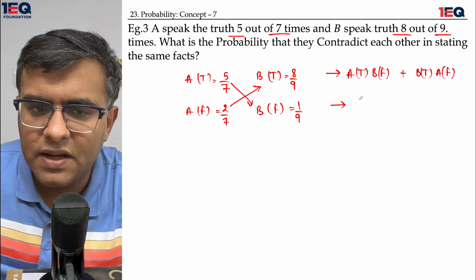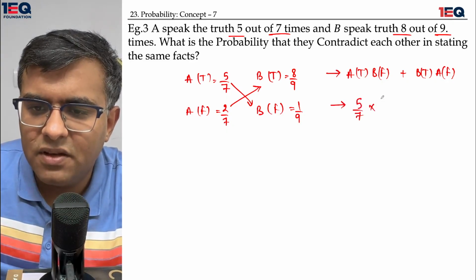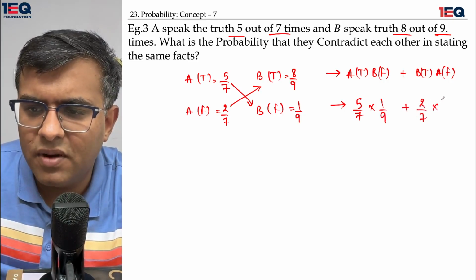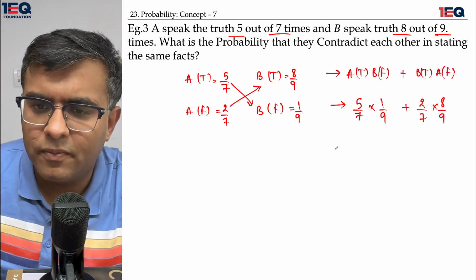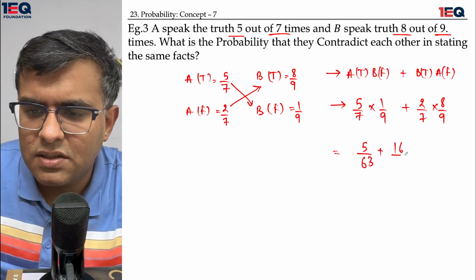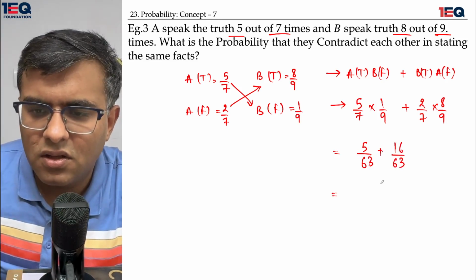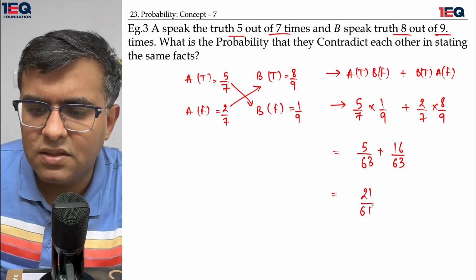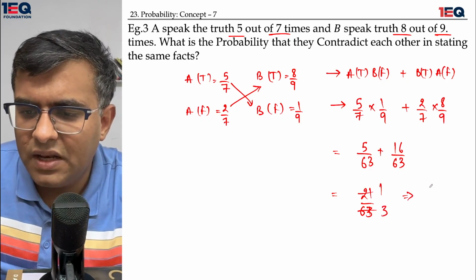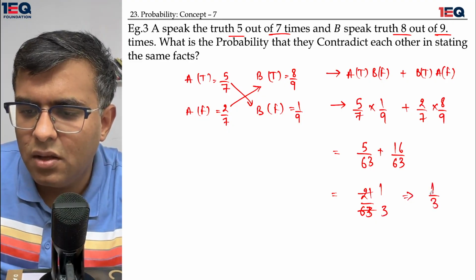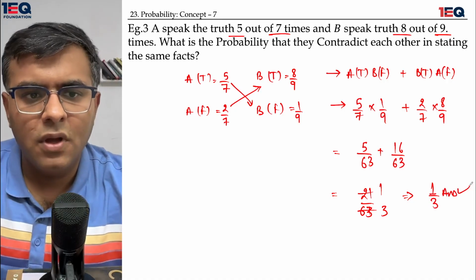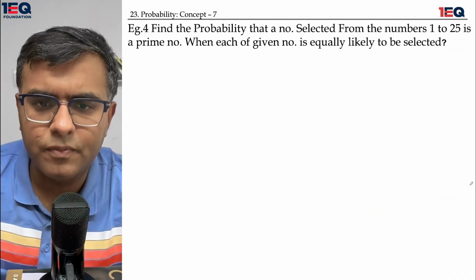This gives me my answer as 5 by 7 multiplied by 1 by 9 plus 2 by 7 multiplied by 8 by 9. This would give me 5 by 63 plus 16 by 63. This would all come down to 21 by 63. 21 ones are 21, 21 threes are 63. My final answer is nothing but 1 by 3. Okay? This is my final answer. Good enough? Let's move on.